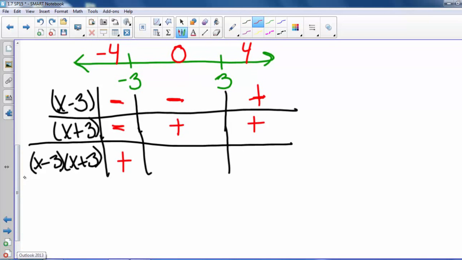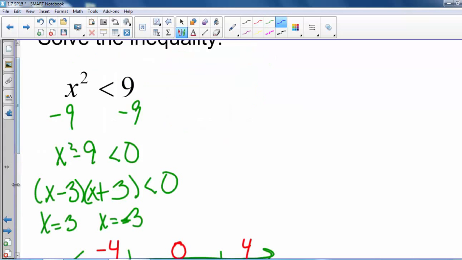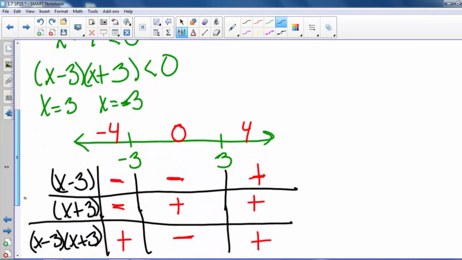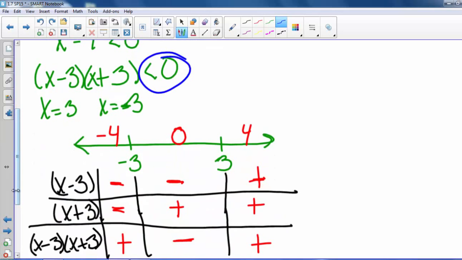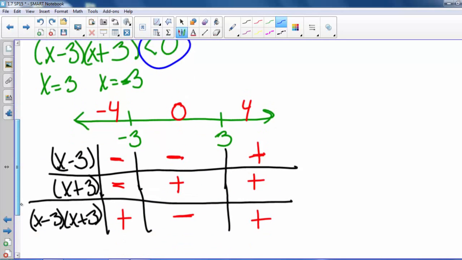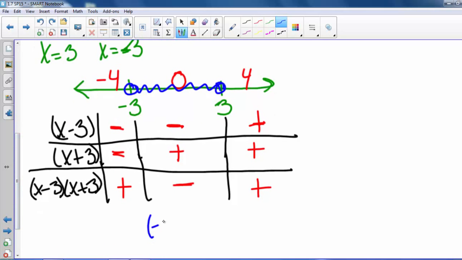We get a negative between negative 3 and 3, and positive greater than 3. And we just want where we are less than 0. So that is between negative 3 and 3, not including the endpoints. So in interval notation, we have open bracket negative 3 to open bracket 3.